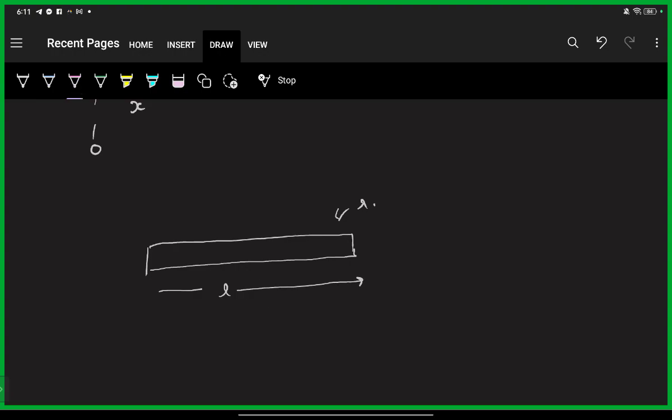But if you take the origin from its center, this is l by 2, this is l by 2, and you are taking this line as the origin. So what we are going to do, we are going to take an element of, let's say, charge dq and length dx. We know that this is l by 2.